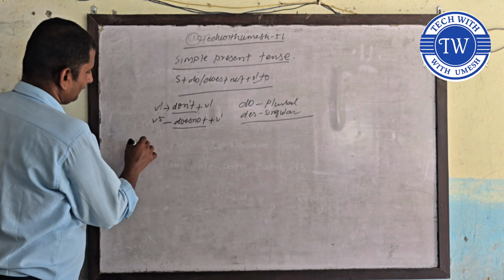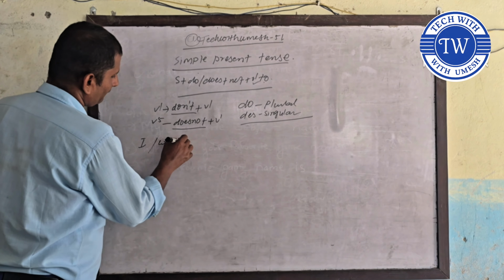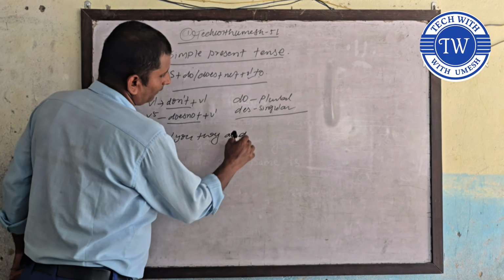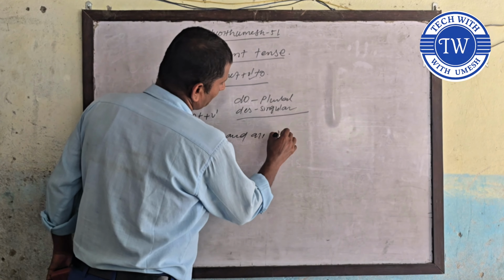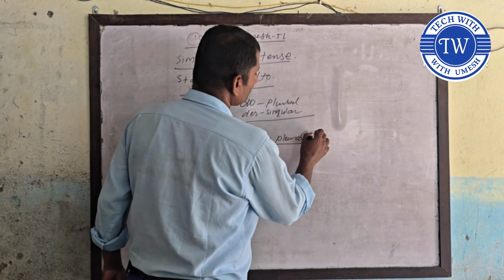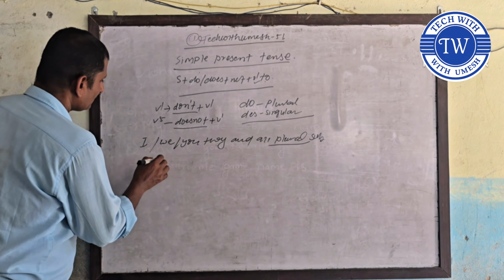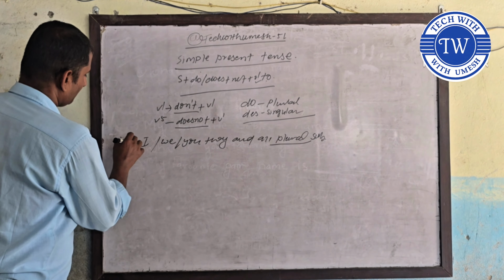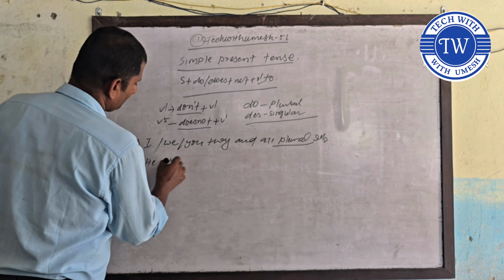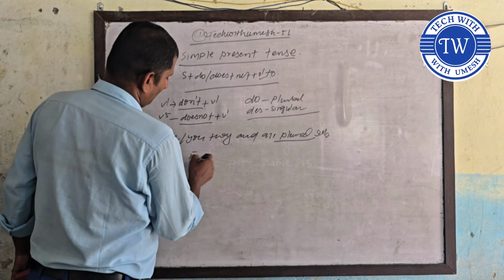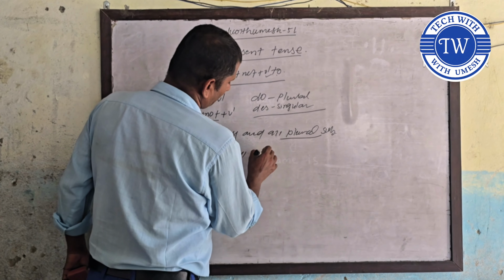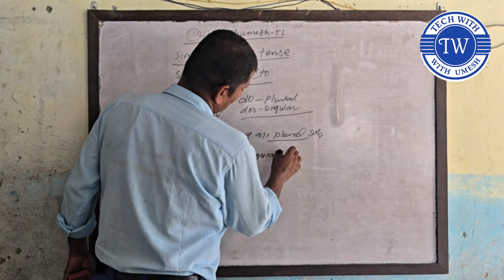V1 takes I, we, you, they, and all the plural subjects. And V5 takes he, she, it, and all the singular subjects.